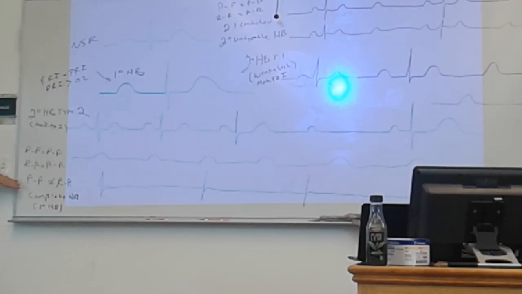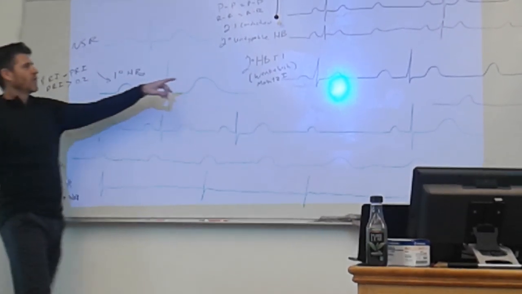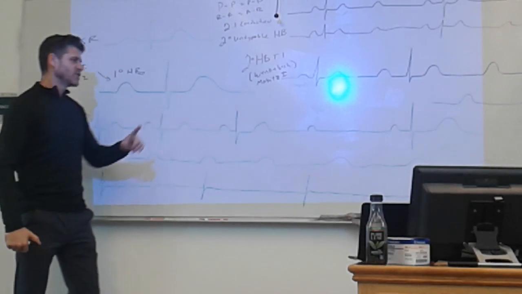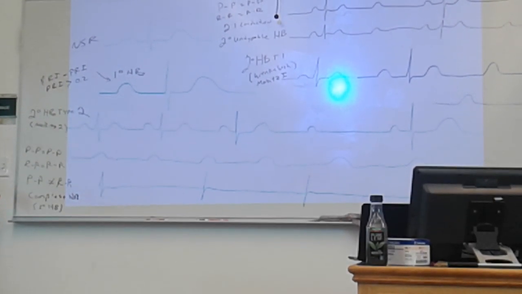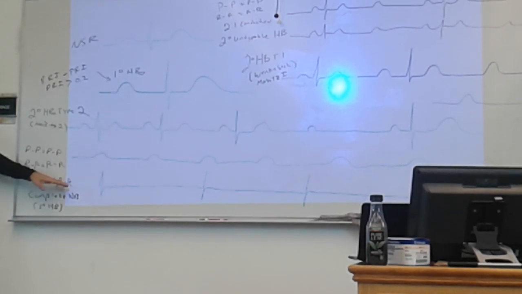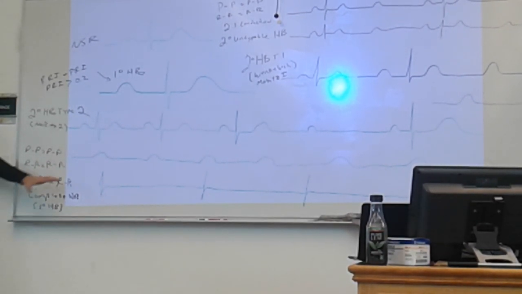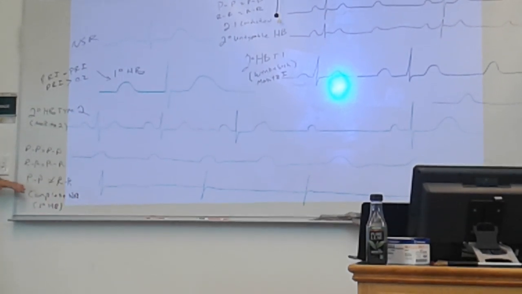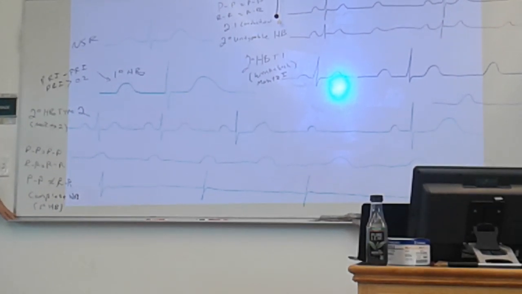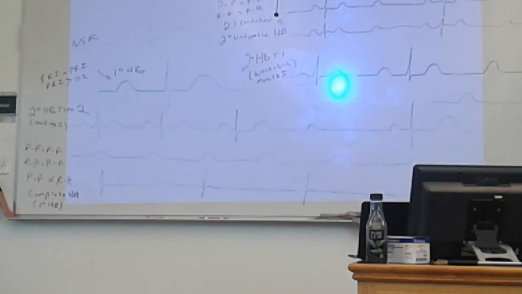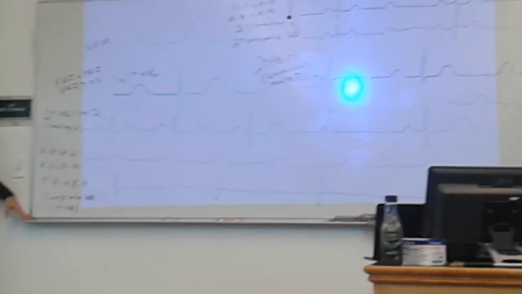A third degree heart block can be both good or bad, meaning the same things that can lead to a first degree or a Wenckebach can actually lead you down to a third degree. Now the fact that it is a third degree is bad, but it could have been a benign reason that led you to the third degree, and so minor patient care for a period of time will get them back. But a third degree can also be caused by bad stuff, their heart's going bad. I'll discuss all those later.